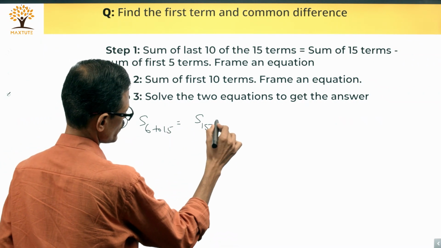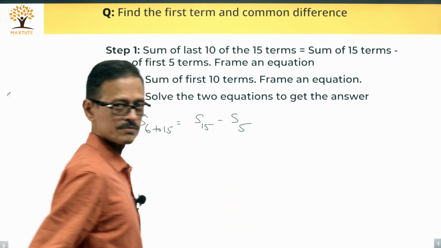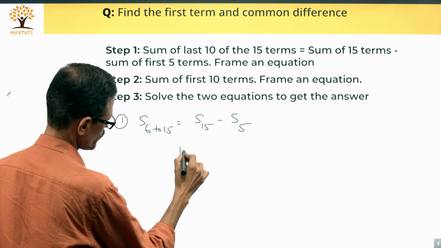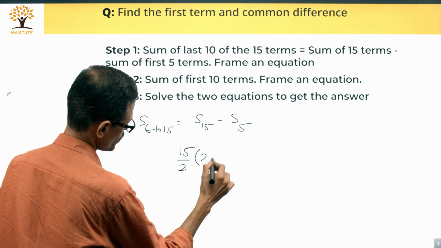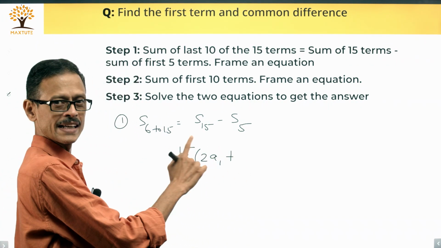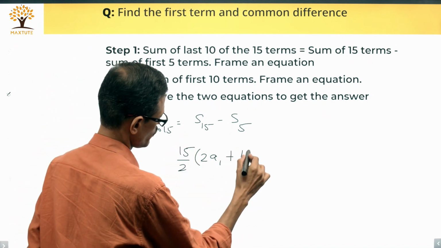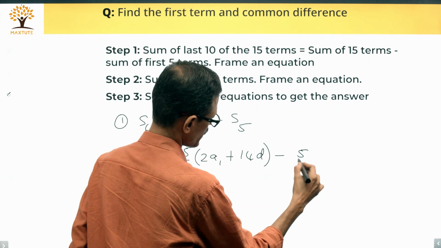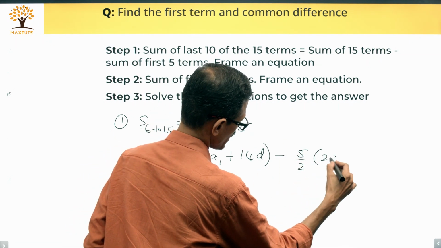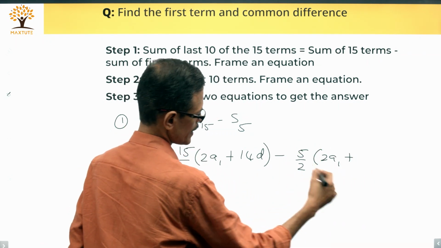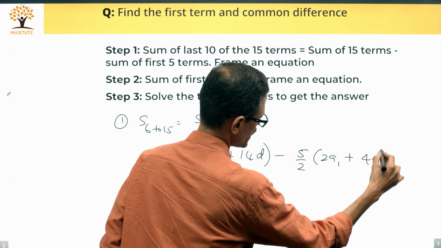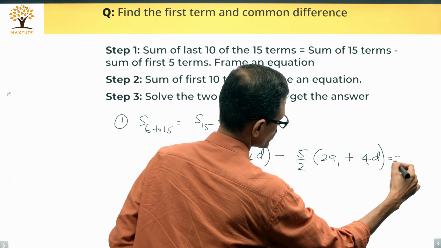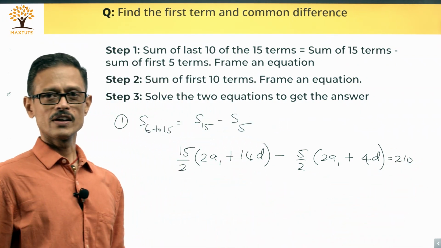We know it as S15 minus S5. S15 is 15 upon 2 into 2A1 plus n minus 1, which is 15 minus 1, which is 14D. From this, I am going to subtract 5 by 2, which is S5, 2A1 plus n minus 1, which is 5 minus 1, which is 4D. This is equal to 210. This is going to be our first equation.